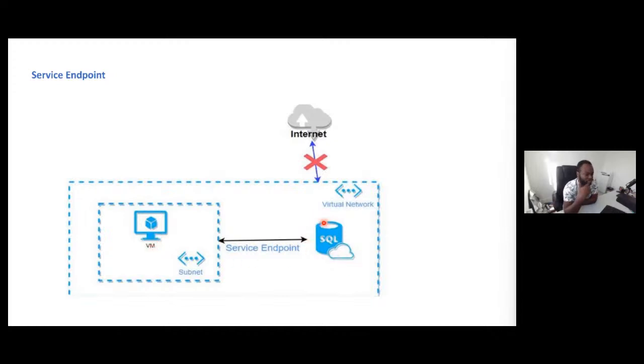And one thing you also have to bear in mind is that only specific resources are supported. It's not every resource. So you can check to see whether the resource you have is in there. But they have an extensive list of Azure services that are supported as well.